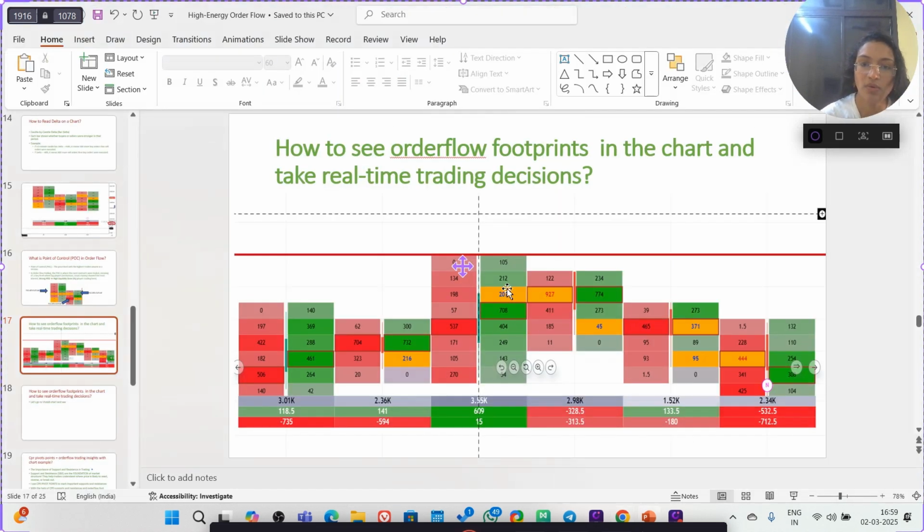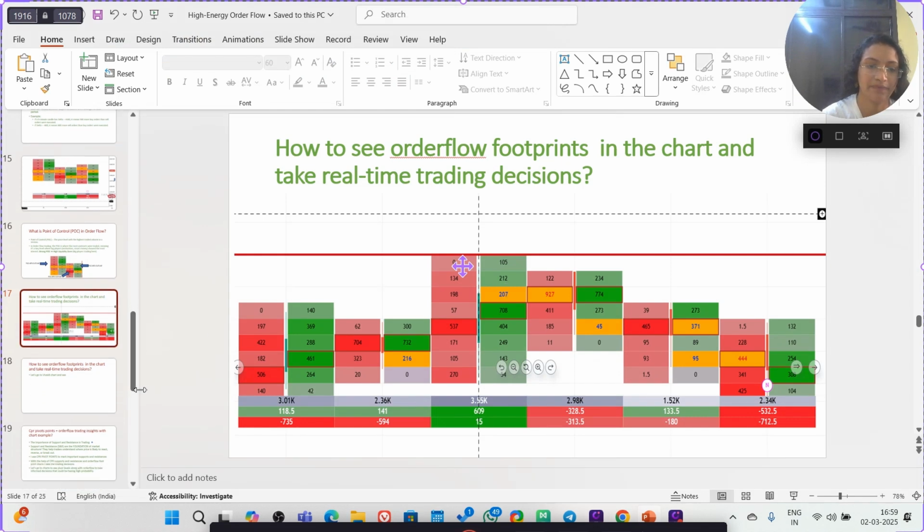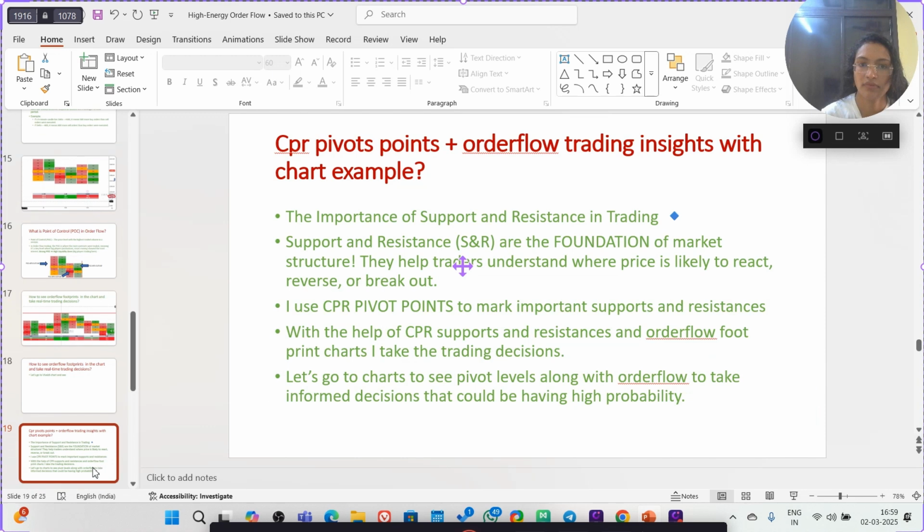So this is how I take real-time trading decisions. This is one example. Now I would like to give you insights about how to trade order flow with the CPR pivot points. So, the importance of support and resistances in trading.